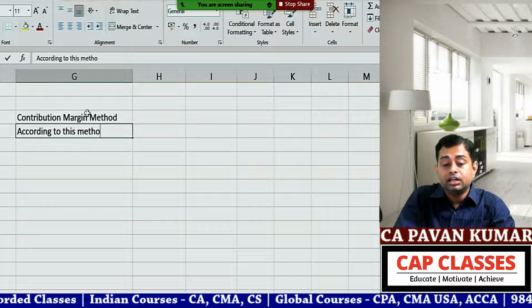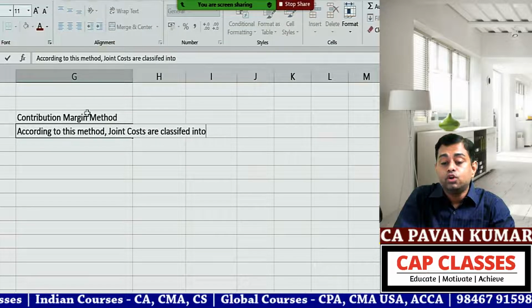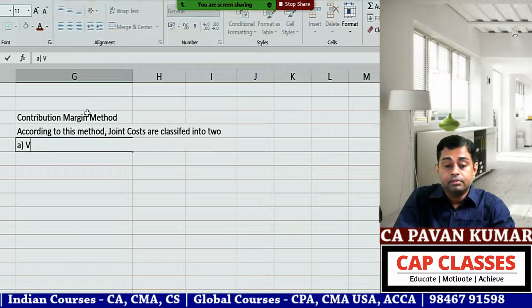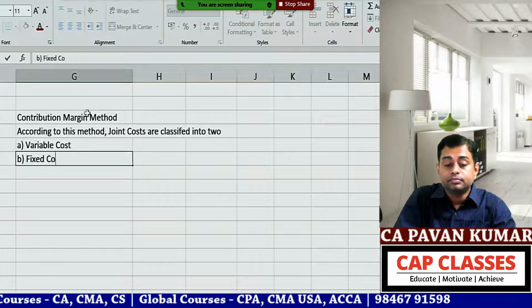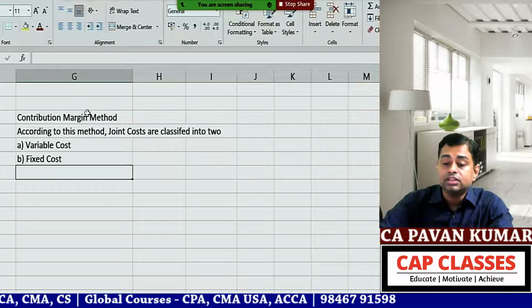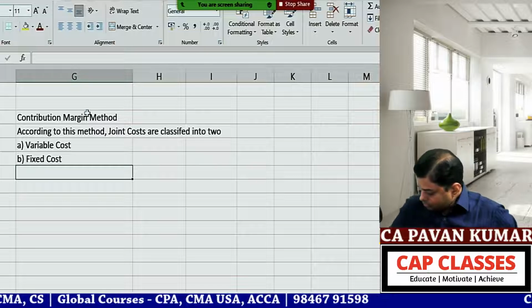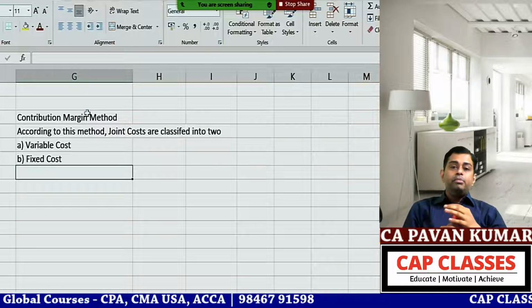According to this method, joint costs are classified into two: A, variable cost; B, fixed cost.